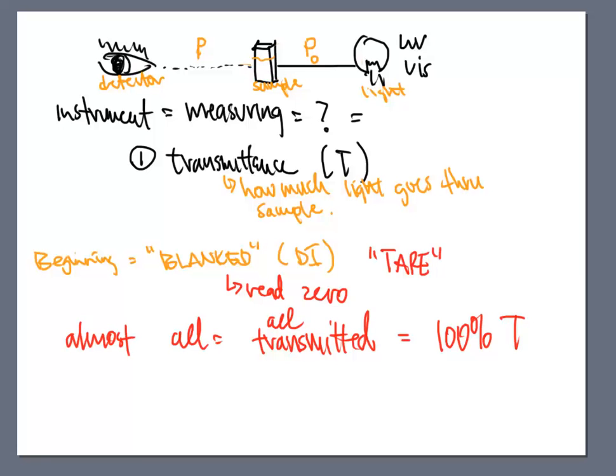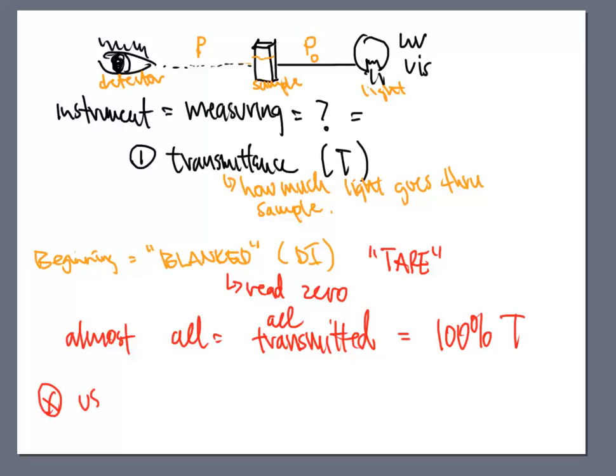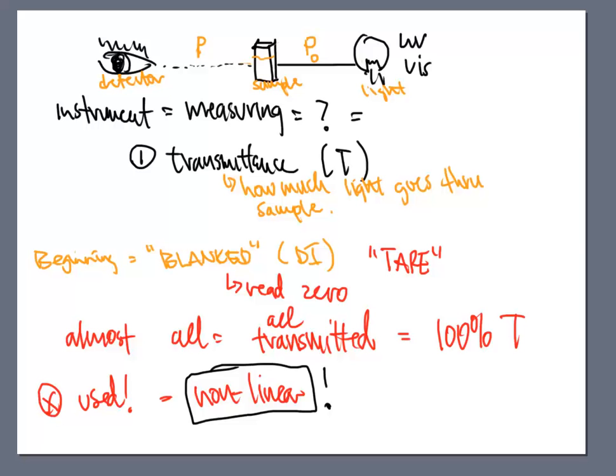Okay, so almost all of the light will go through, meaning almost all of the light is transmittance, which means that this is a very high percent transmittance rate. The problem with percent transmittance is that it's no longer used. And the reason is because it is nonlinear. And if you've participated in this before, or done another class with us before, nonlinear is a problem.